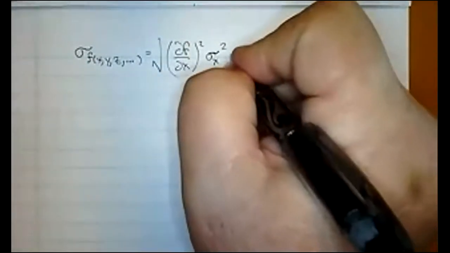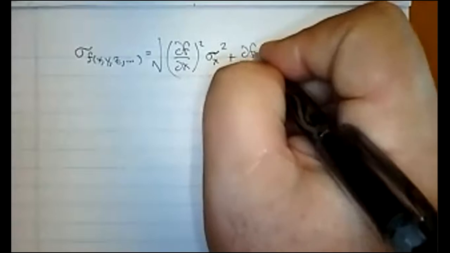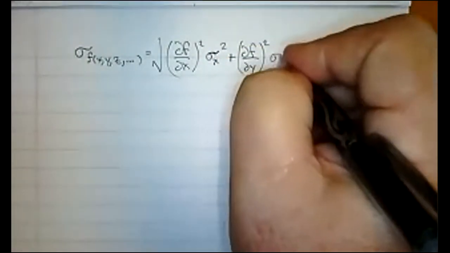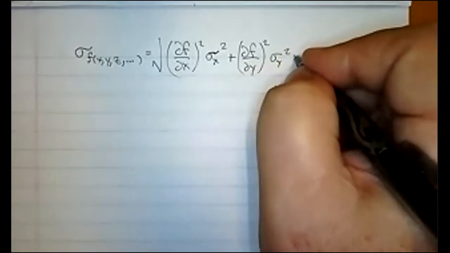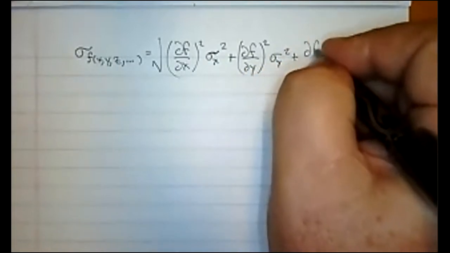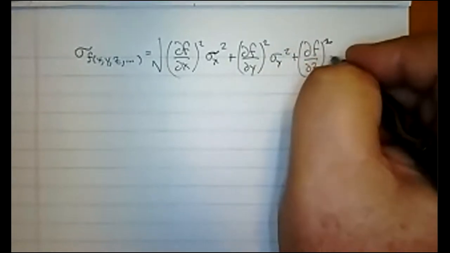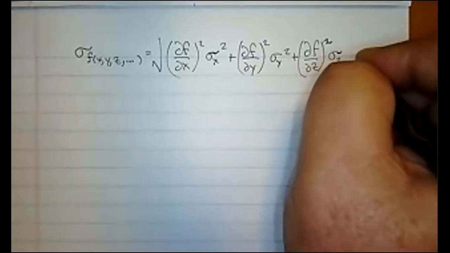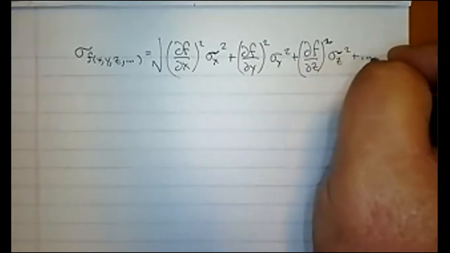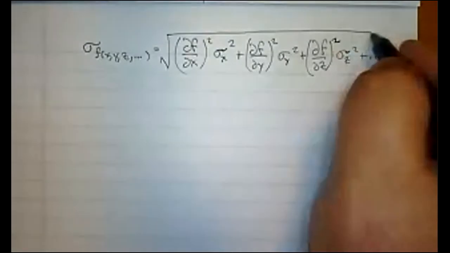You take the partial derivative of f with respect to x, square it, and multiply it by the uncertainty in x, squared. Then you add to that the partial derivative of f with respect to y squared, multiplied by the uncertainty in y squared, plus the partial of f with respect to z squared, multiplied by the uncertainty in z squared, plus and so on for however many variables you have.